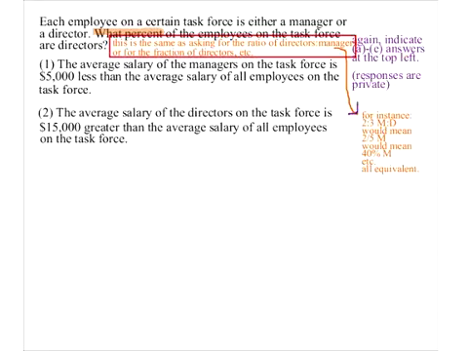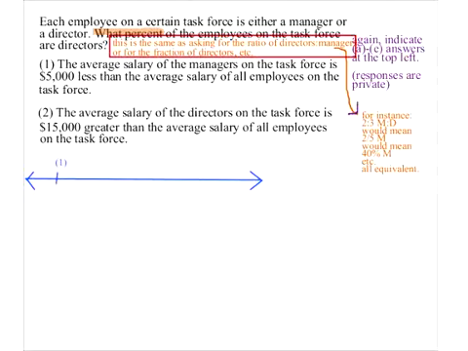So let's look at statement 1 here. Here's a number line. Statement 1 is like this. Okay.